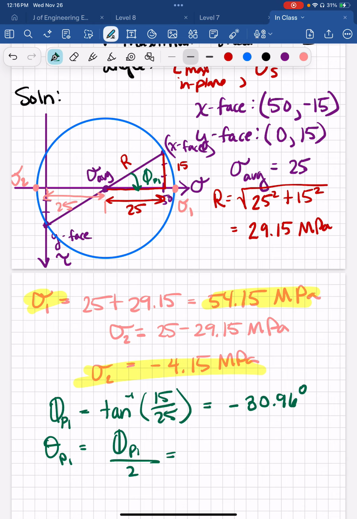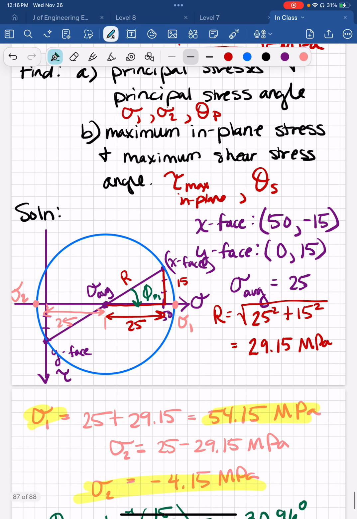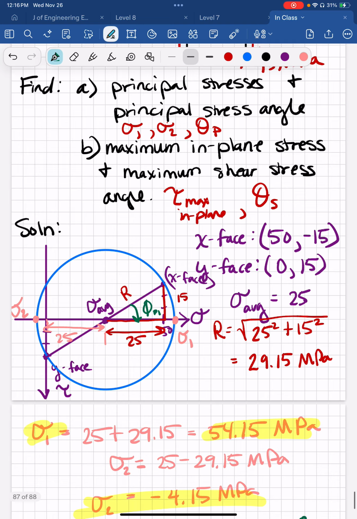So that gives us 15.48 degrees. And I guess, because they asked us to find principal stress, it's supposed to be the principal stress angles. So that would be theta P1 and theta P2.